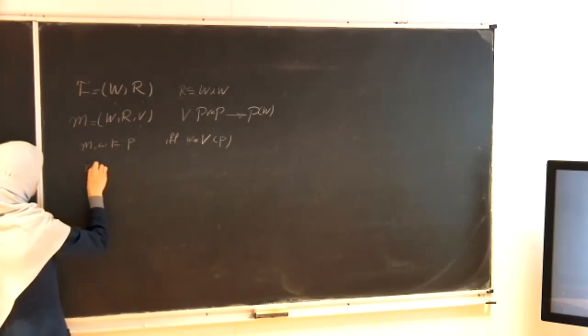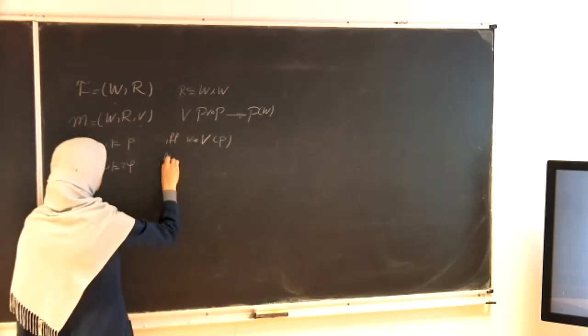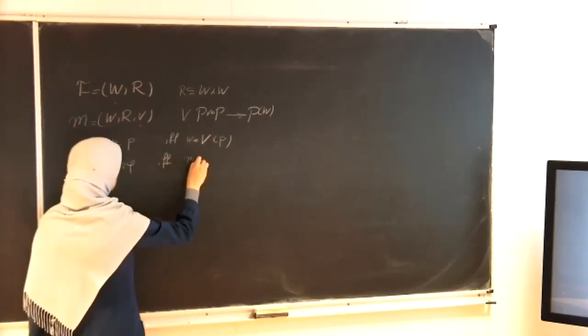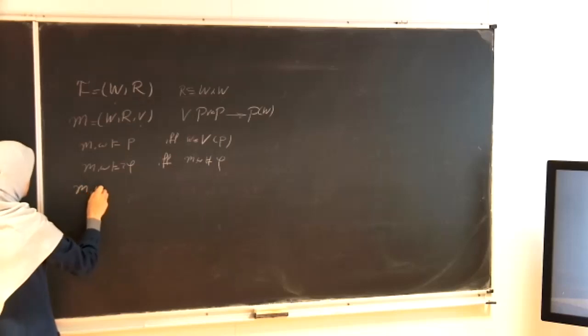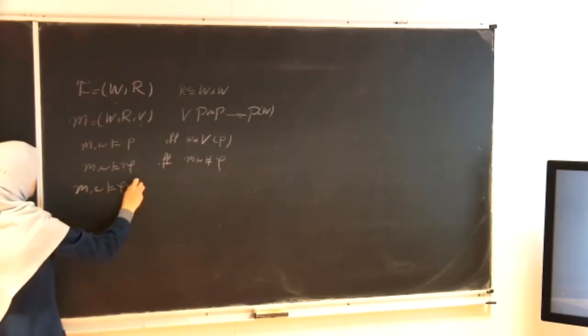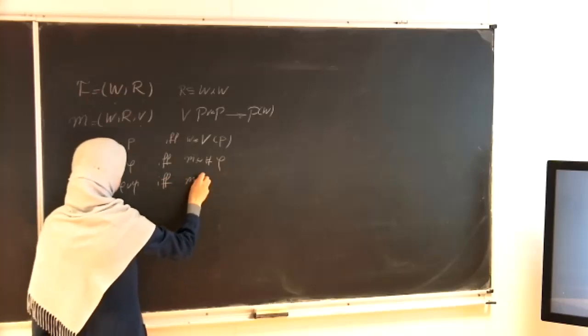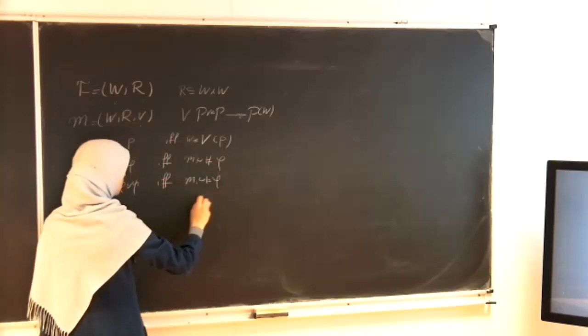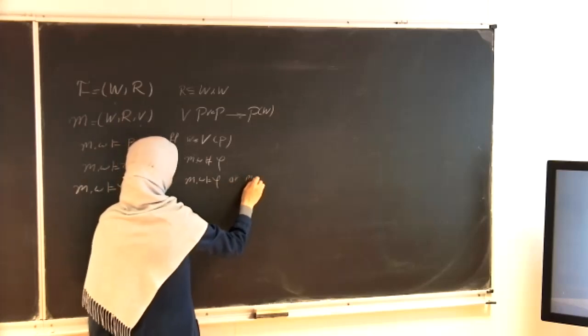For negation, we have that M, w satisfies the negation of phi if and only if phi is not true in w. For disjunction, we have that phi or psi is true if and only if at least one of them is true.